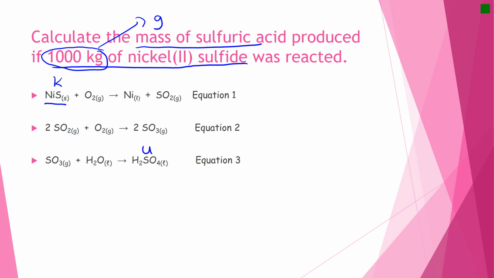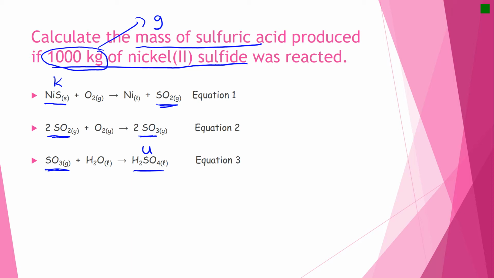That means that you would need to do a stoichiometric ratio to find how much sulfur dioxide you've got, which must all be consumed, and then do another stoichiometric ratio to find out how much sulfur trioxide you've got, and that's all going to be consumed, and then do another stoichiometric ratio to find out how much sulfuric acid is produced. Now that means you've done 1, 2, 3 stoichiometric ratios. Well, that's a bit of a pain.